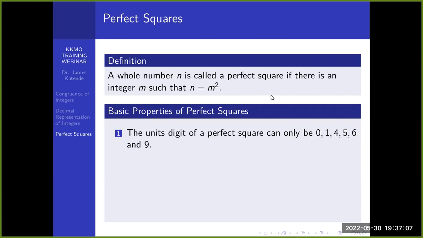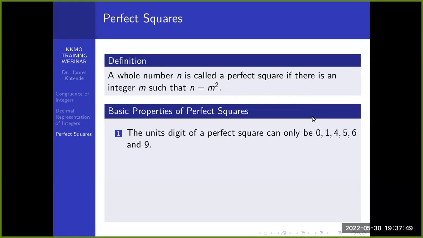This is easy to check because suppose the number is A and the unit digit is P. Then the unit digit of A raised to n will be exactly the same as the unit digit of P raised to n. We are going to use that here.